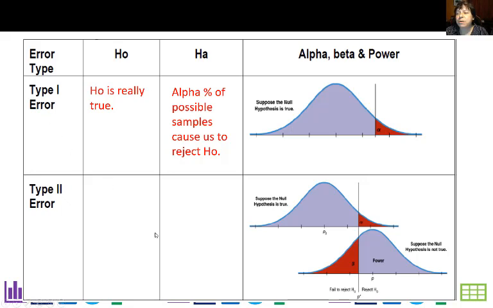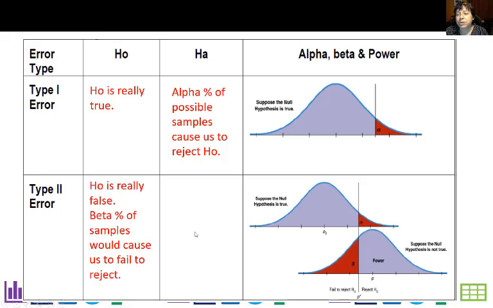Now, a type 2 error occurs when the alternate is really true and the null, the first one, is really false. Beta is the percent of samples. So why do I have one picture up here and two down here? If H0 is true, then we're using the correct model to make our predictions, all right?